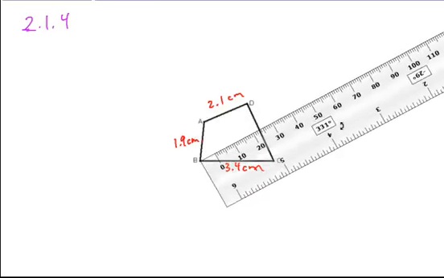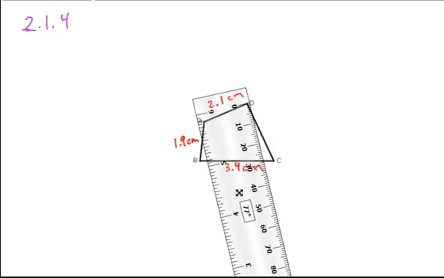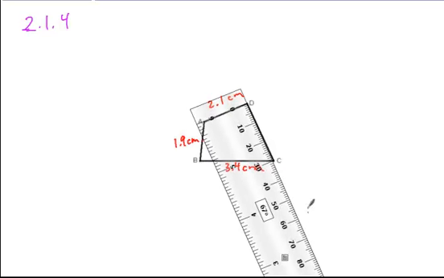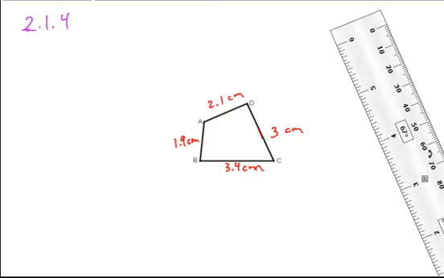And then finally, if we rotate our ruler and measure CD, we see that this is about 3 centimeters. So those would be the measures that we're looking at.